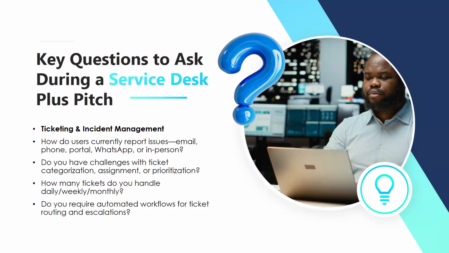You have challenges with ticket categorization, assignment, and prioritization. I said something relating to this earlier, that you can categorize your tickets. Ali works on hardware, while Samuel works on requests that relate to software.